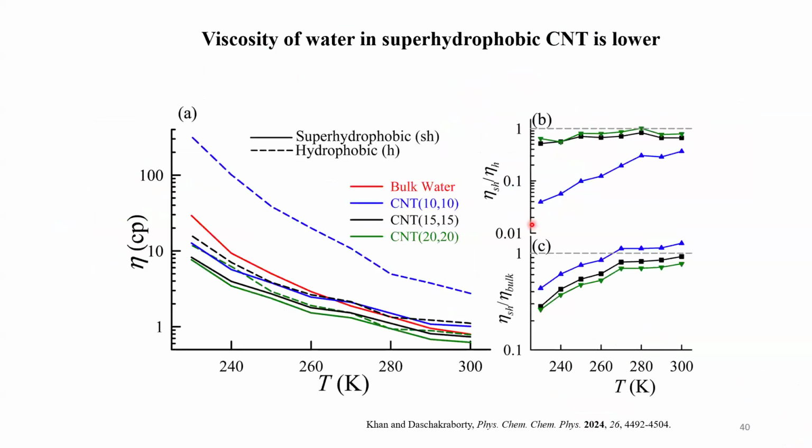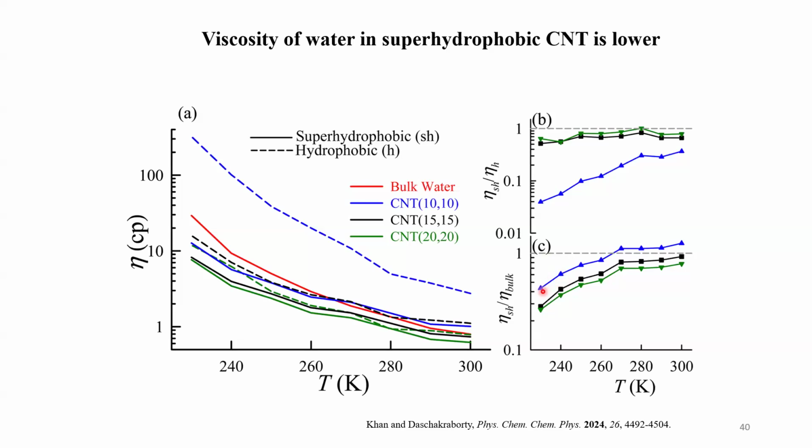Then we also tried to check what happens if we replace it with a superhydrophobic carbon nanotube. Although it is not a real superhydrophobic carbon nanotube, we have just tuned the Lennard-Jones parameter to get the contact angle correct. Then water inside the superhydrophobic nanotube is much less viscous compared to bulk water, compared to hydrophobic and also bulk.